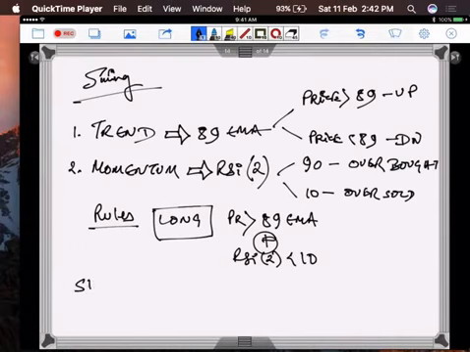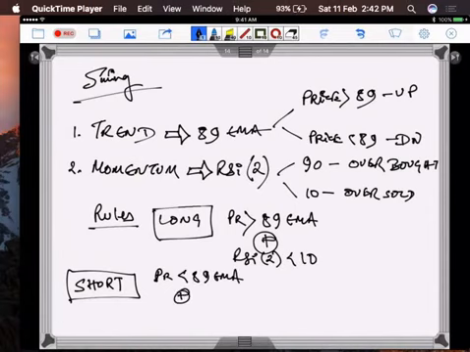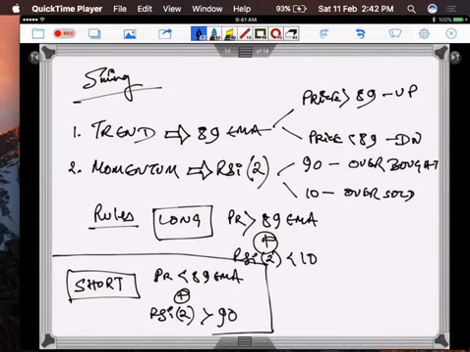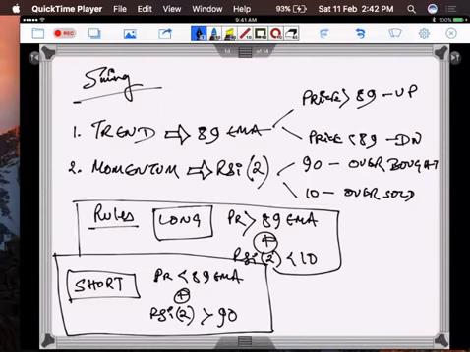For any prospective short trade, my price should be less than my 89 exponential moving average, and coupled with that, my 2-period RSI should be greater than. Let's show you.